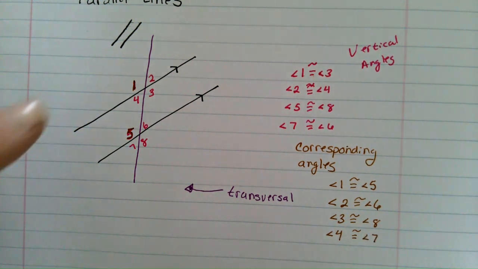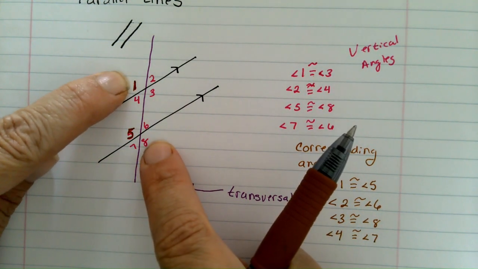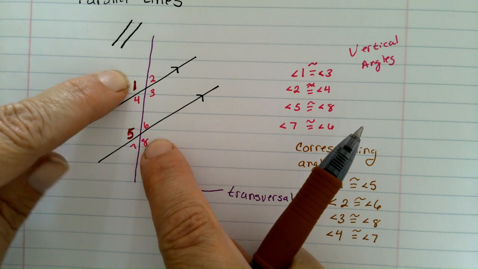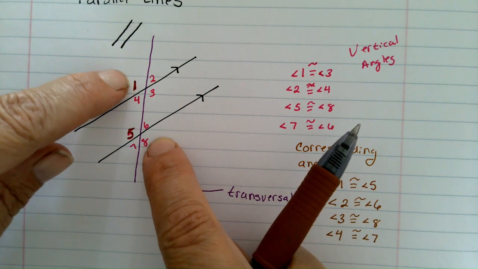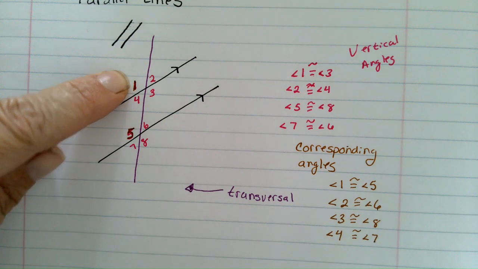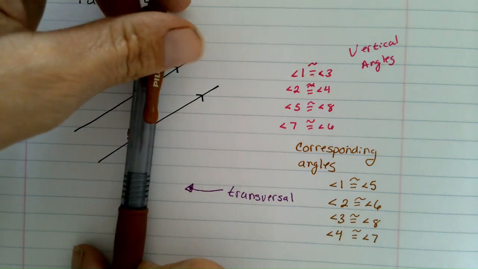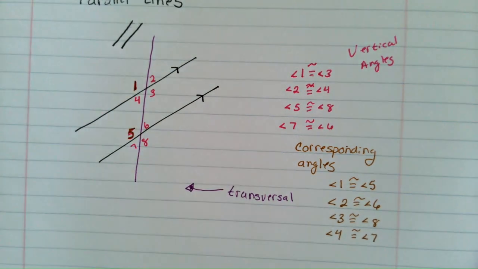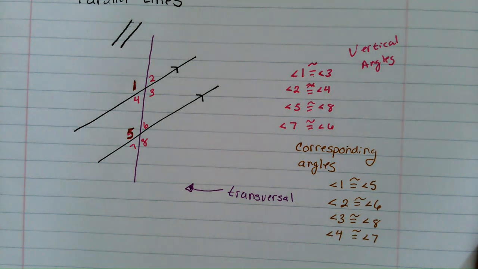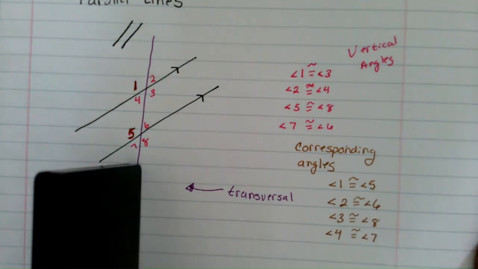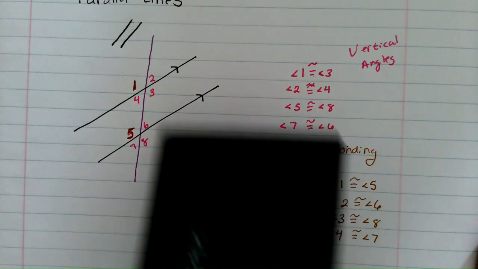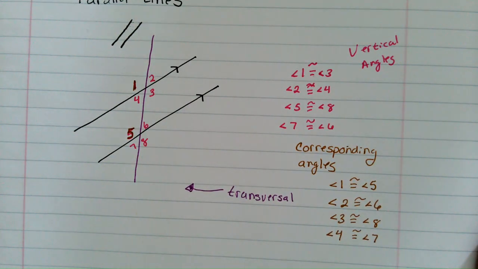So that must mean 1 and 8 are also going to be congruent. And that's true. If you'll notice, 1 and 8 are on opposite sides of that vertical line. Okay? So we have our vertical line here. 1 and 8 are on opposite sides.